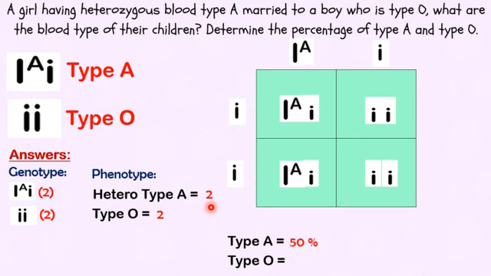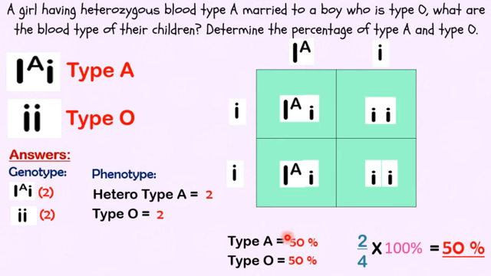So we can say that we have 50% type A and 50% type O. But how did we get 50%? Going back to the Punnett square, you can see that there are 4 children. And out of 4 children, there are 2 offspring who got type A and 2 offspring who got type O. So 2 divided by the total number of offspring, which is 4, multiplied by 100 is equal to 50%.